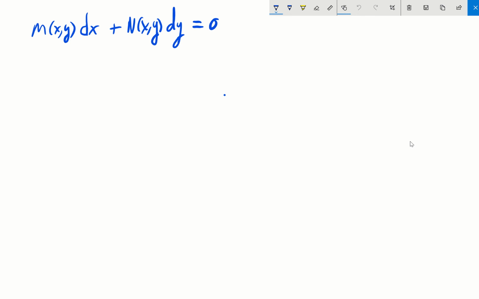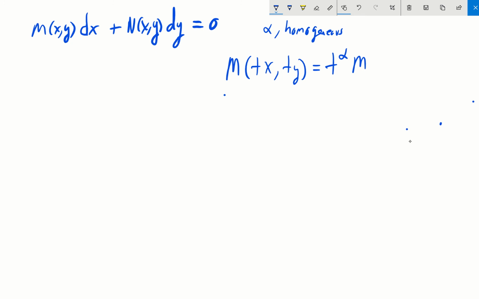First thing we want to look at, so let's just focus on m for a moment. Let's suppose that m is homogeneous of degree alpha. Then what we know is that m of tx and ty is equal to t to the alpha times m of x comma y.